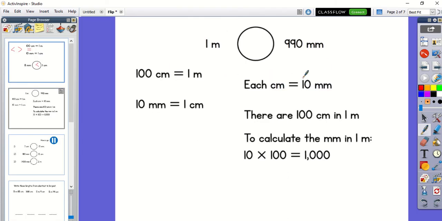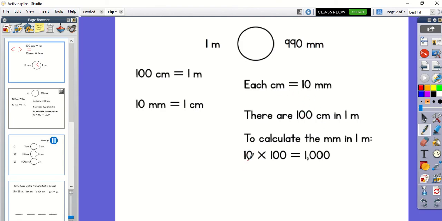Now it gets a bit trickier, because if I said to you, what's bigger, a meter or 990 millimeters? You might think, oh, 990 millimeters is really, really big. But don't forget, each centimeter is worth 10 millimeters. To get 1 meter, I need 100 of those centimeters.